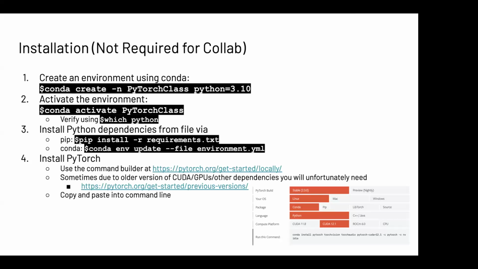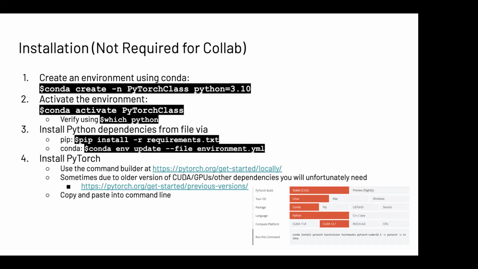So first, I'm just going to briefly go through this, and then we'll share the slide with you, so you can follow this in your own time. Normally, the first step when you're starting a project is to create some sort of environment. I personally prefer Conda to create my environments, but you can also do virtual environments.